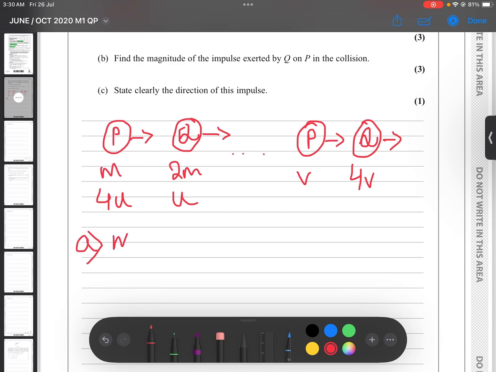So as usual we follow our equation m1u1 plus m2u2 equals m1v1 plus m2v2.